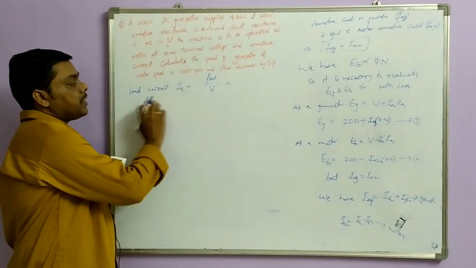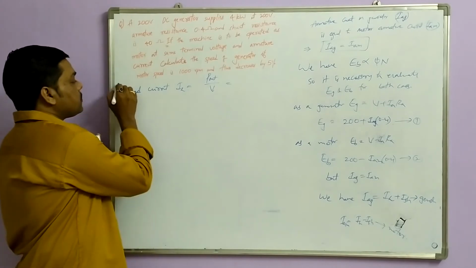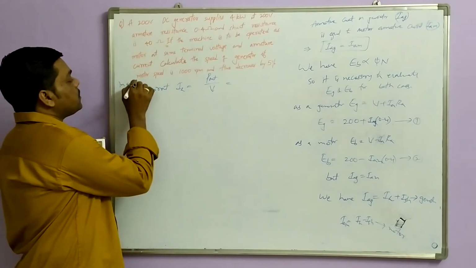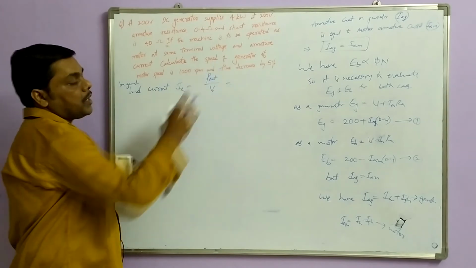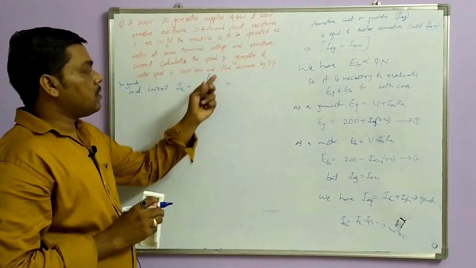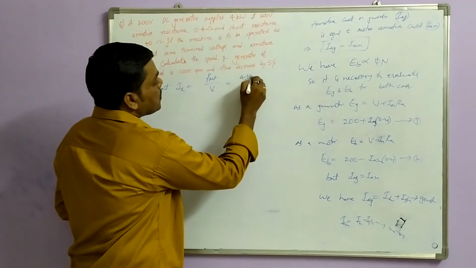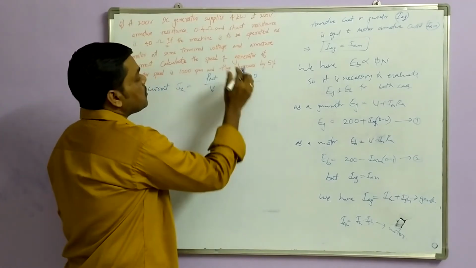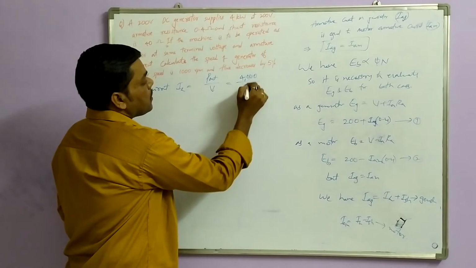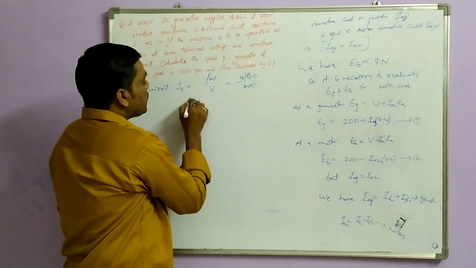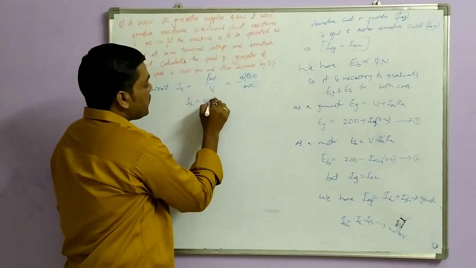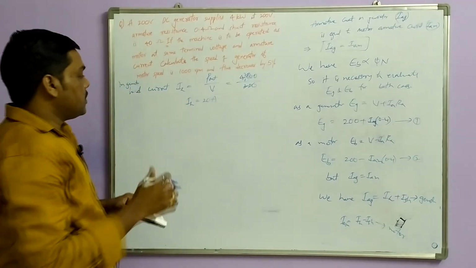So in a generator, IL is equal to P out by V, output power by V. So what is the output power? 4000 watts divided by the voltage, 200. So you will get load current as 20 amperes.